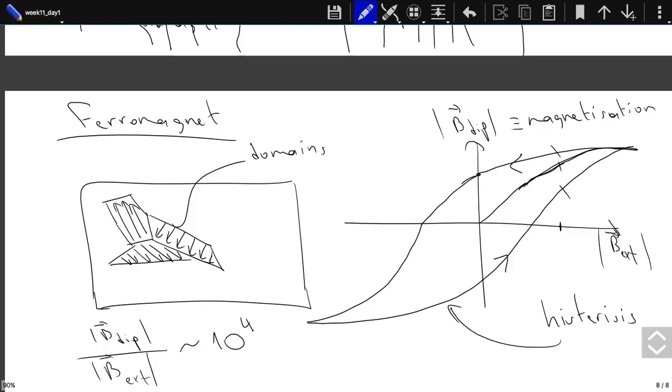That is why, in this case, we are creating some external magnetic field with this solenoid over here. When we put in this ferromagnetic material, the domains in it enhance the applied magnetic field by orders of magnitude. So that's why we obtain such a large enhancement of this effect.